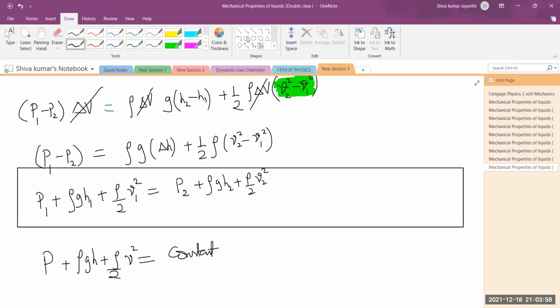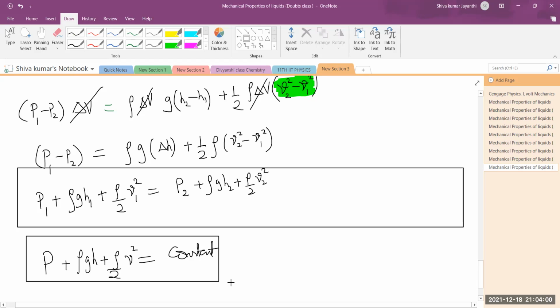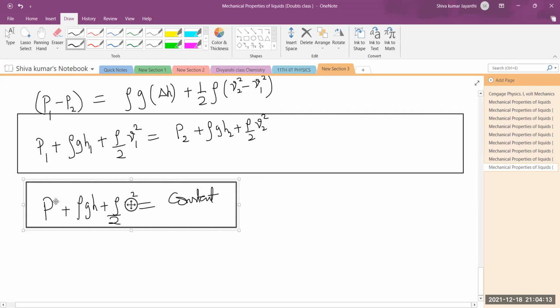This is called Bernoulli's equation, the most general form. Did you understand that? The first term is called pressure head. Why do we call it head? Because it is divided by volume. That is why it's got that name.